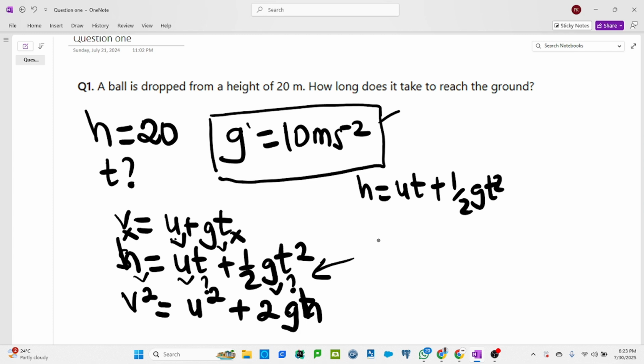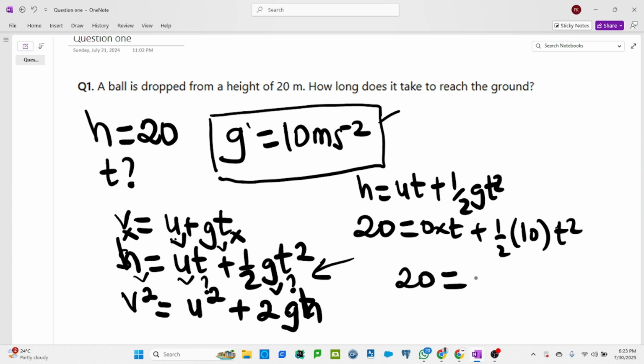So this one is 20 equals 0 times T plus half G, which is 10, times T squared. So 0 times T here is going to be 0. It's going to be left with 20 is equal to 5 times T squared. If you solve this, we are going to have T squared equals 20 over 5.